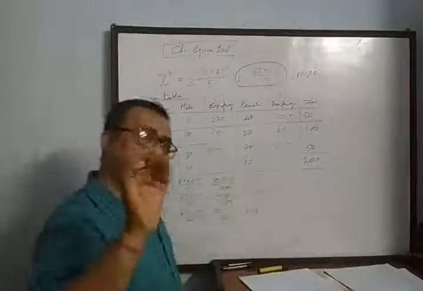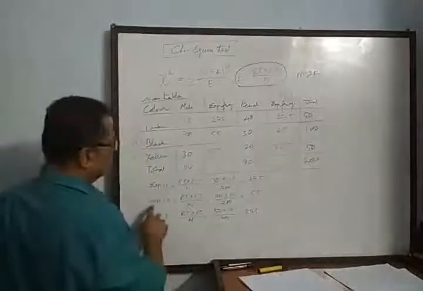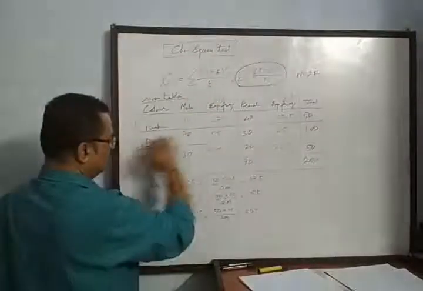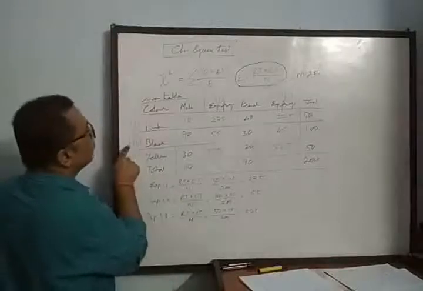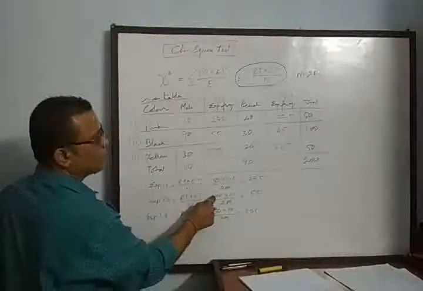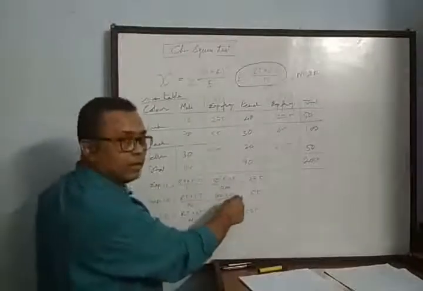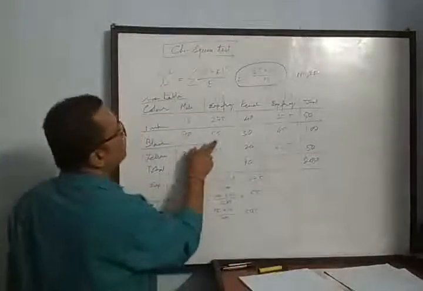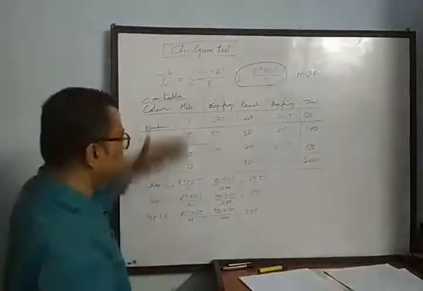That calculation you will also do on pen and paper in your rough file. Now expected frequency of row 2, column 1, that is row total 100 and column total 110 and grand total 200. It's coming 55. So in the second cell we will write 55 and so on.